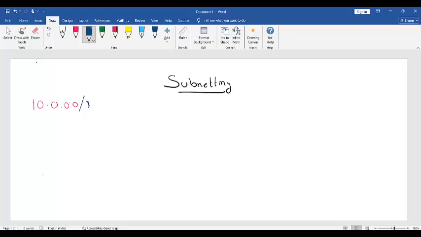Let us assume we have 7 departments in our new company. We started a new company and we have 7 different groups of people doing 7 different roles, doing seven different jobs.